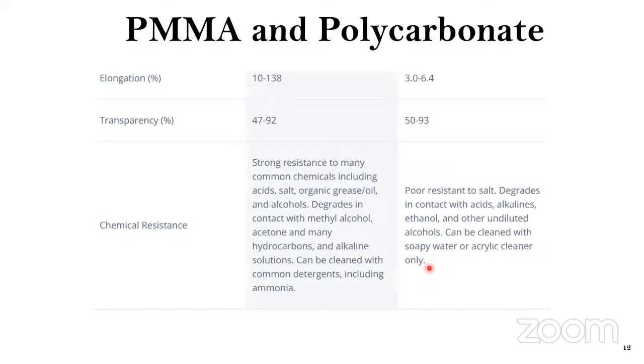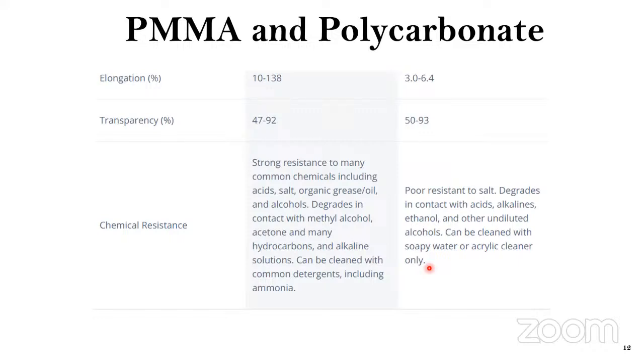So I gave you this differentiation because in the market you have PMMA and PC. Both can be used, depending upon your pockets, how much money you want to spend. But both have very similar kinds of features.